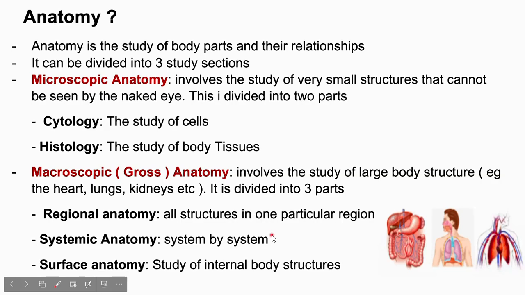And we can talk about the immune system, which tells us about how the body defends against foreign organisms and such. Surface anatomy, however, is the study of internal structures, basically internal structures.